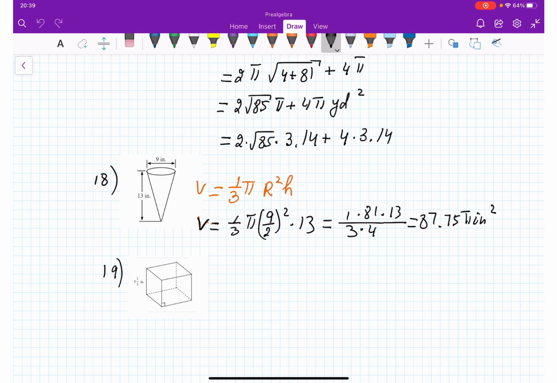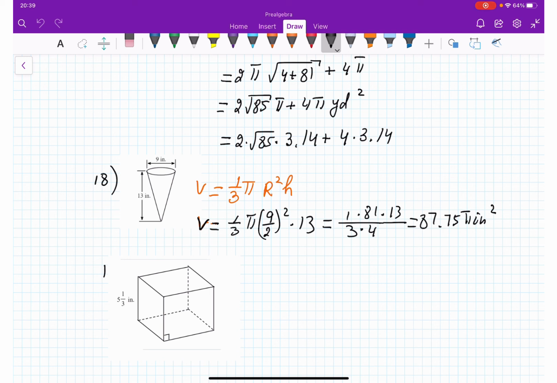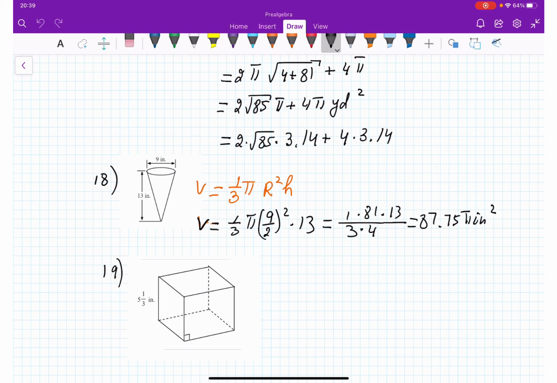So we need to find the volume of the cube. Okay, the volume of the cube, the one side is 5 1/3. Can you see it? Hopefully you can. 5 1/3.